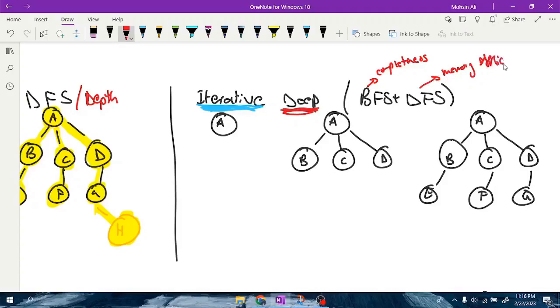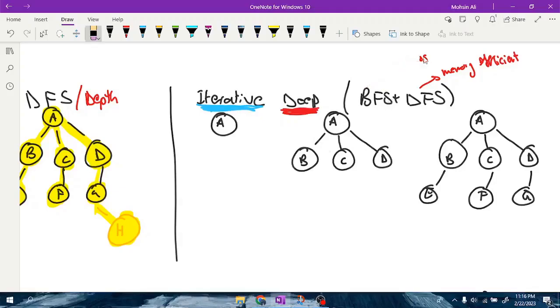So what it does is it takes the best of both of these worlds and it creates a new method, which is iterative deepening. Deepening comes from DFS, which is depth, and iterative means anything which is repeated.